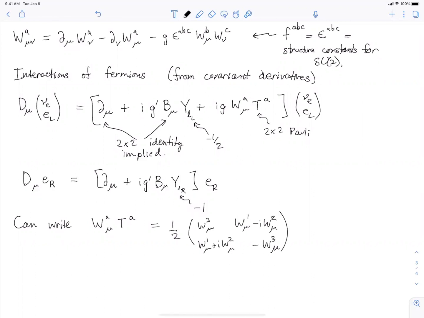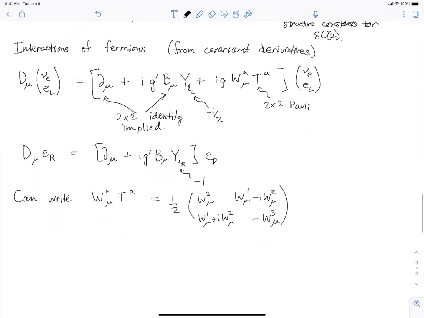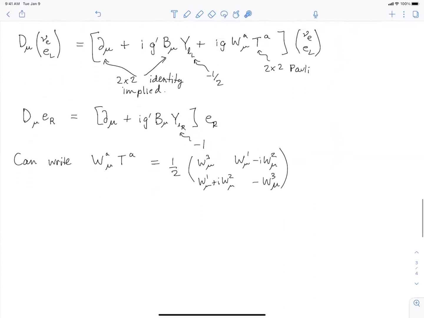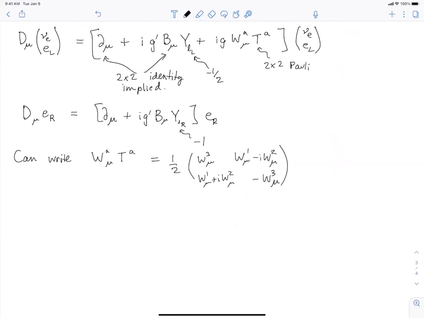So this is just a way of writing explicitly out what are the different components of the SU2 left gauge bosons as they appear in the covariant derivative. So we can take it further by now taking these equations and writing out all the components of the covariant derivative. Let's go ahead and do that just to see what it looks like.